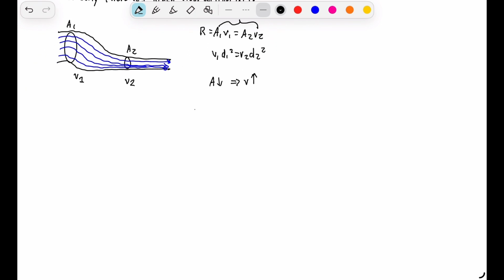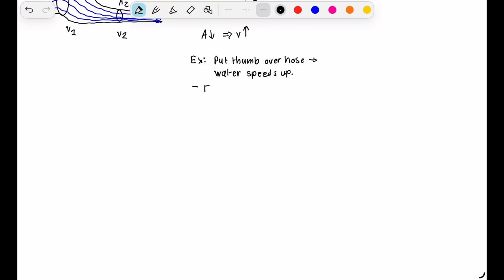So for example, an application of this is if you put your thumb over your hose, that causes the water to speed up. So fluids speed up when squeezed through smaller spaces.